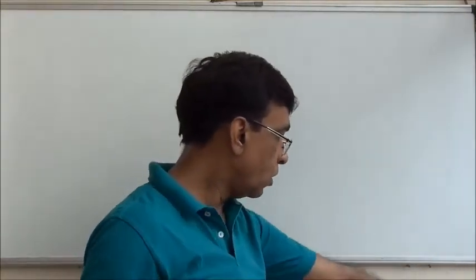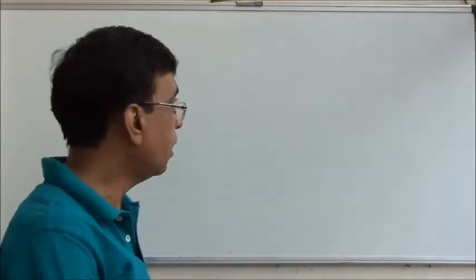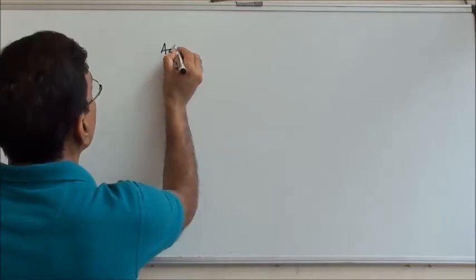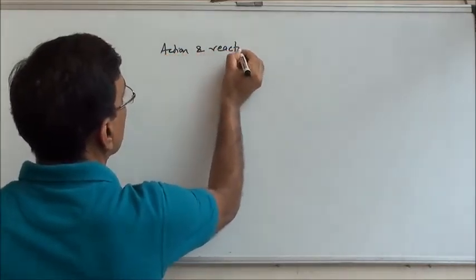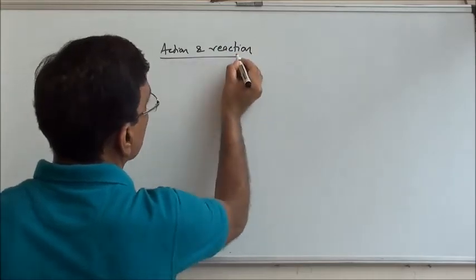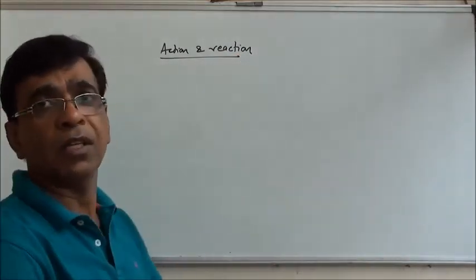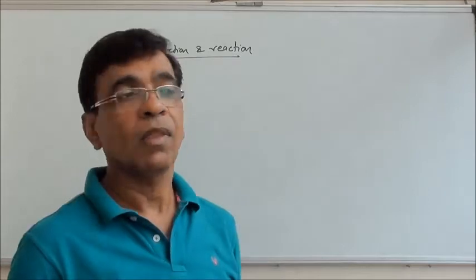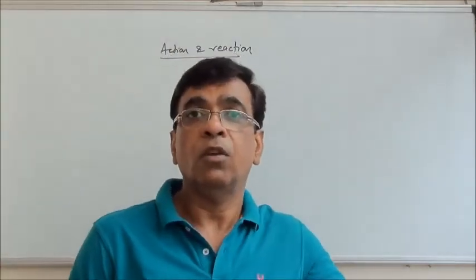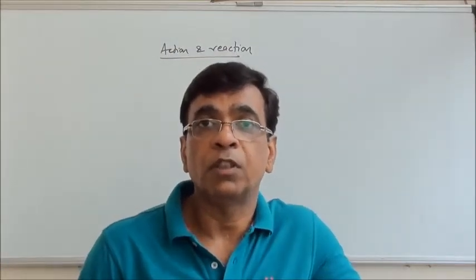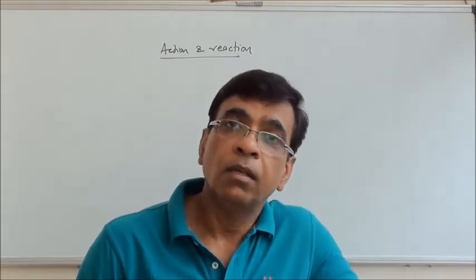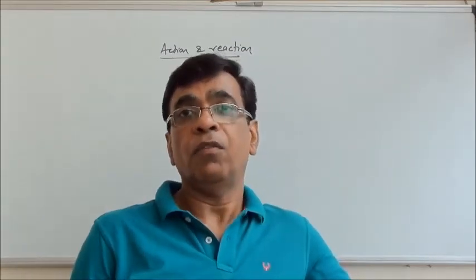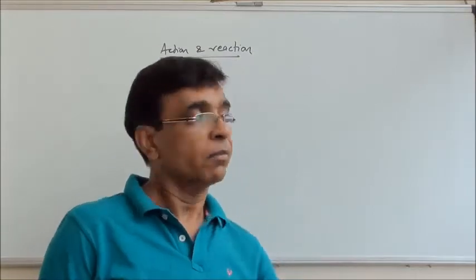Okay, then Newton's third law, the law of action and reaction. Every action has an equal and opposite reaction, which means forces always occur in pairs. Every force will have a reaction.